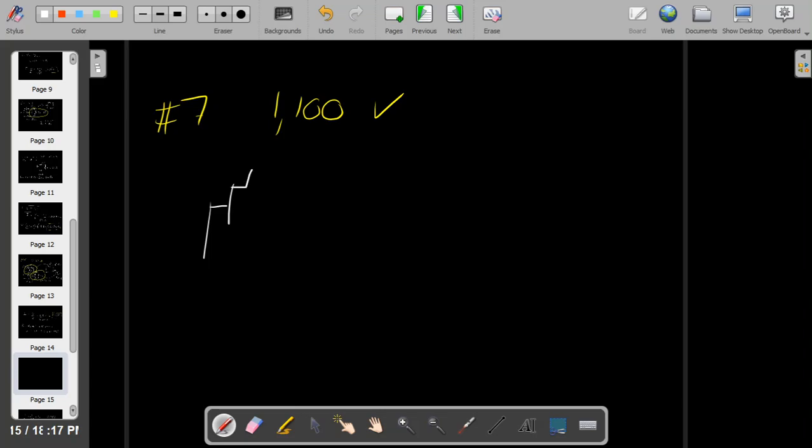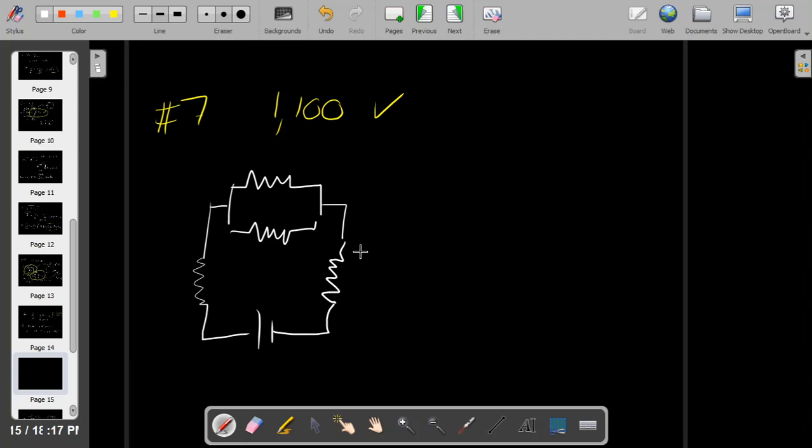We have this right here, another resistor right here, and another resistor right here. And the battery is right here. And another resistor right here. So this is what it looks like. Number 7 looks like this.